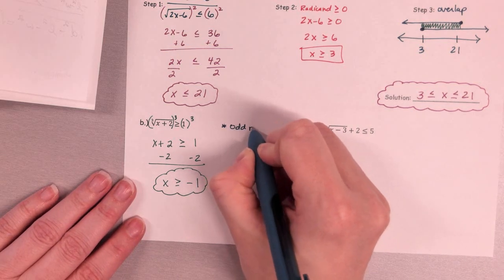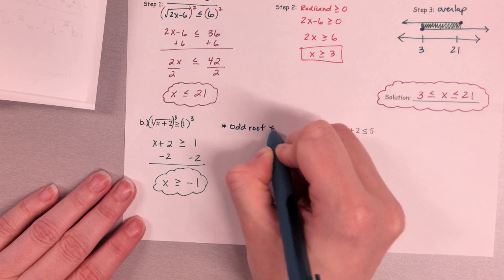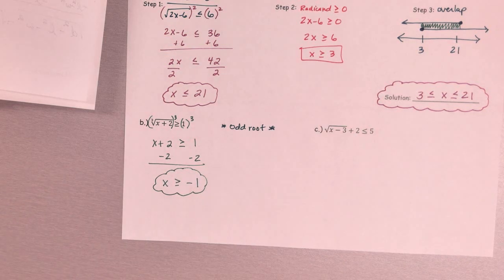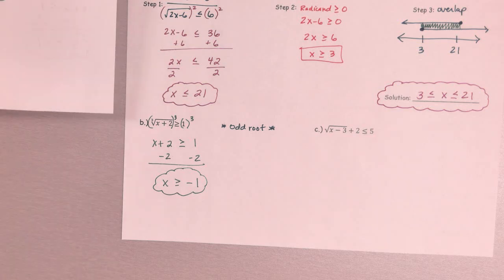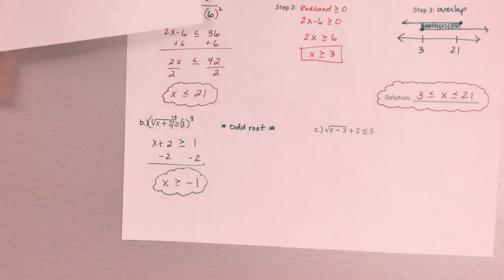So because it's an odd root, you are done. Okay, if it's an odd root, you don't have to worry about the radicand. It can be positive or negative. Okay, so odd roots, you do not have to do those extra steps. Okay, now, why don't you try step 3 and then check in with your row.